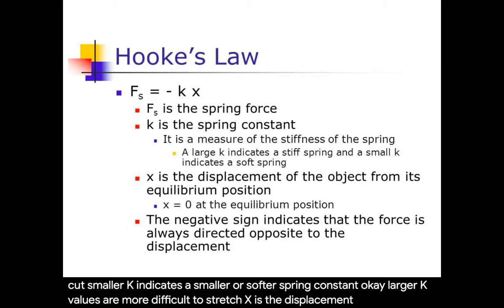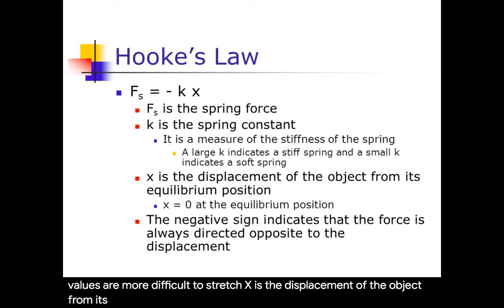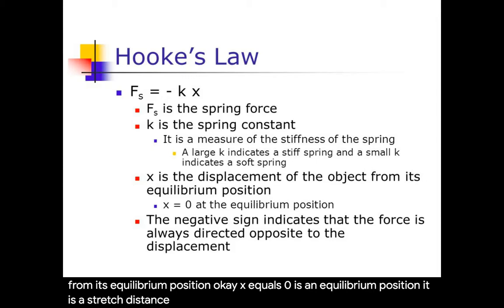X is the displacement of the object from its equilibrium position. Okay, X equals 0 is the equilibrium position. Okay, so X is a stretch distance. A is amplitude. Amplitude and stretch distance are two different variables.